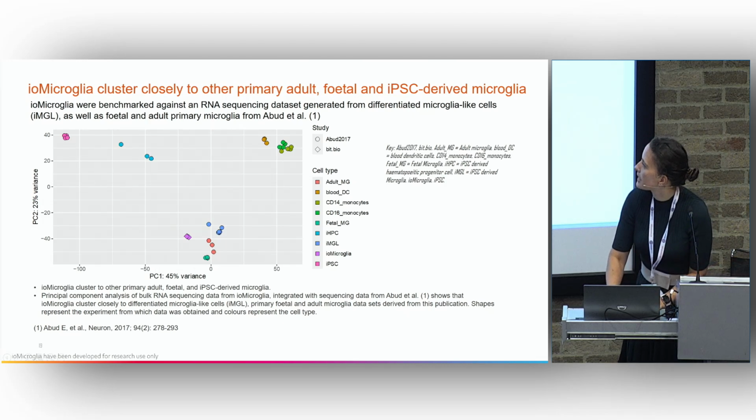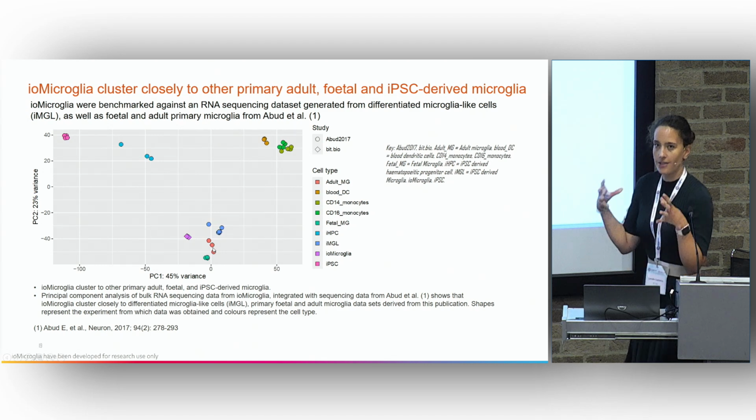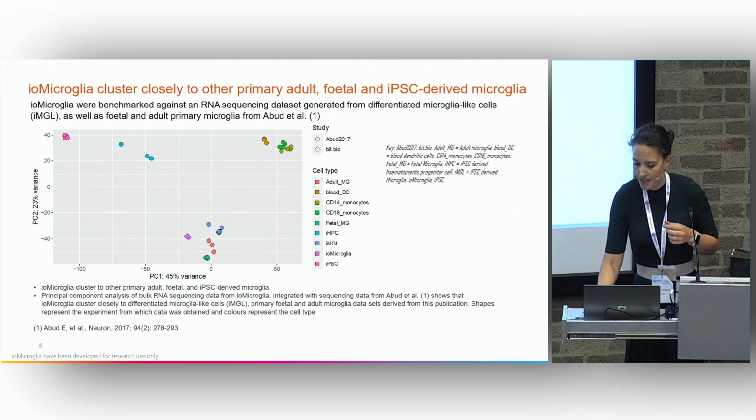And our microglia do cluster relatively closely, when looking at differential gene expression, to the Abud et al. microglia, which are here, but also the fetal microglia and the adult microglia that are also from that same paper. So in terms of benchmarking against available data sets in microglia, they do cluster quite similarly.